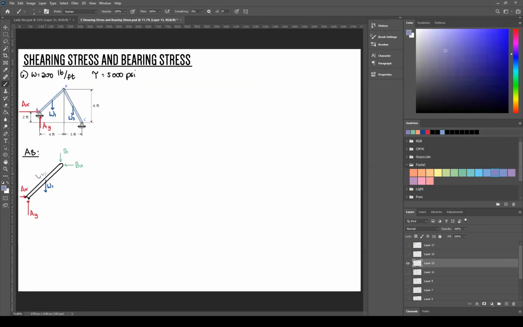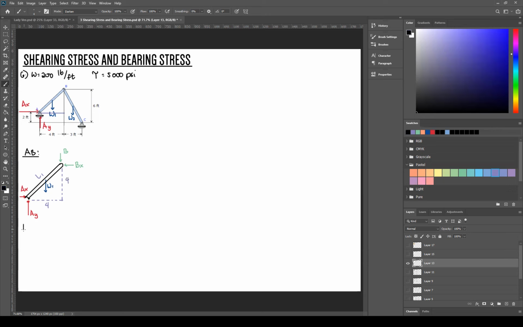Now to get L1, if you've noticed, if I do this, I have a right triangle with base 4, and then with height, this, which is 6 minus 2. So I'll apply that in our free body diagram. Again, base 4, height 6 minus 2, which is also 4.